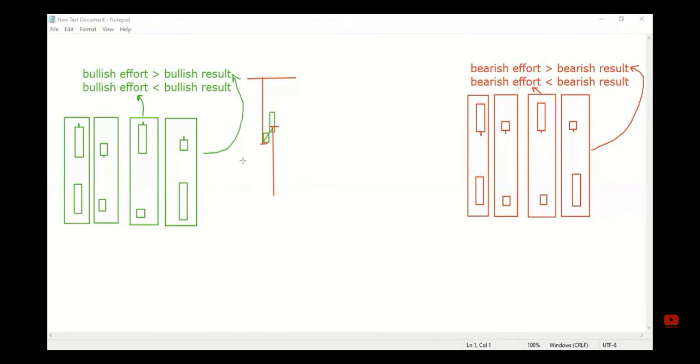Think that it's a pullback here to here and the level is here, or we can draw it like this, a very weak candlestick, or a strong candlestick, then this one. So this is the resistance level here, and the market got rejected from here.